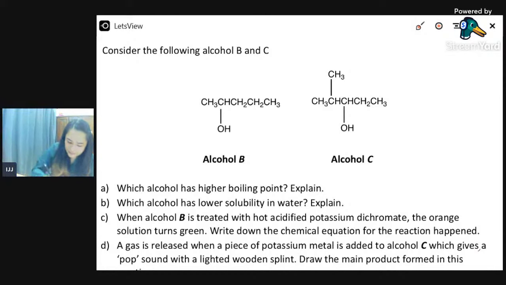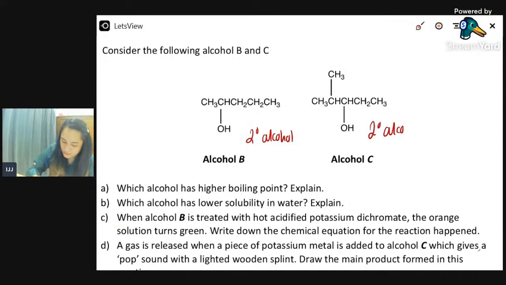So this is a secondary alcohol. And if you look at this one, it is also a secondary alcohol. So how? If it is secondary alcohol and secondary alcohol, you cannot differentiate them using the Lucas test, because both turn cloudy at the same rate. So if both are secondary, you cannot use the Lucas test.